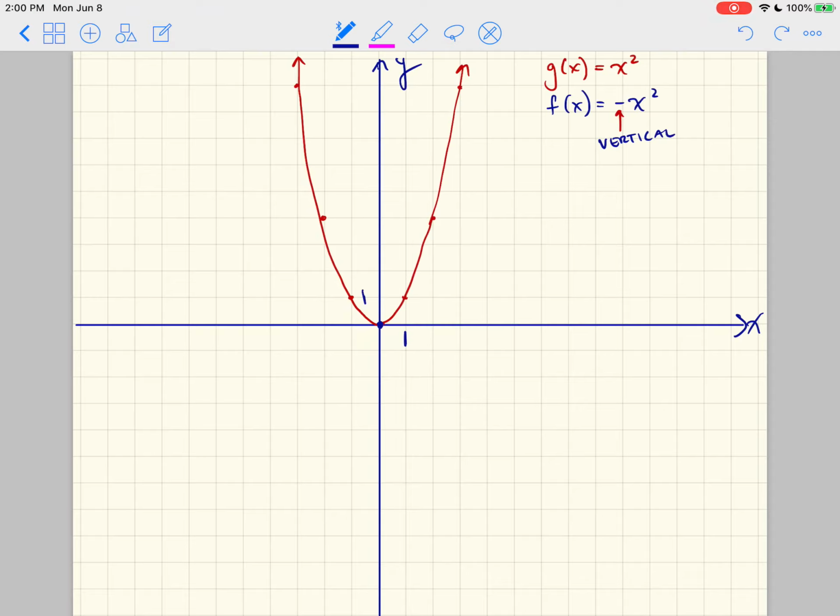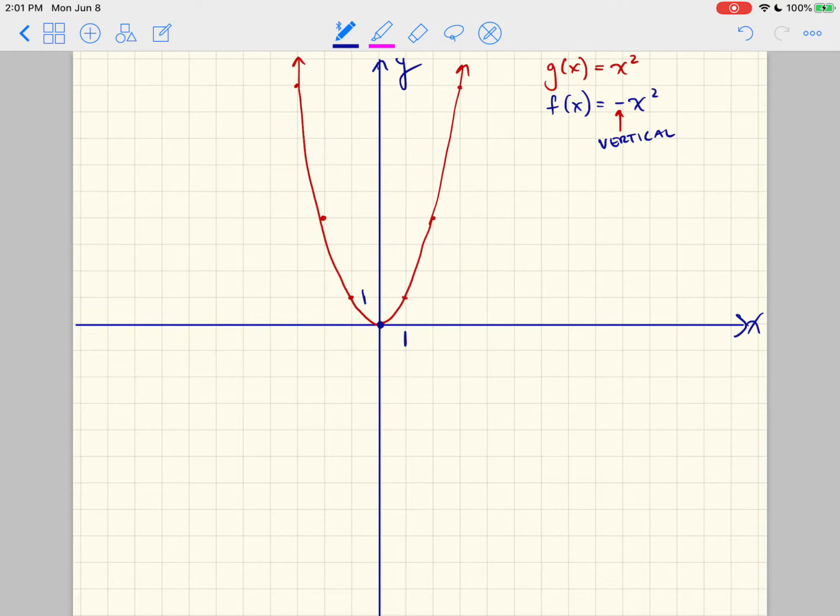So a negative on the outside basically just says do the opposite thing you would do vertically. So normally from this starting point (0, 0), I would go up 1. But instead of going up 1, I'm going to go down 1. But my horizontal actions have not changed. There's nothing here telling me to change what's happening horizontally.